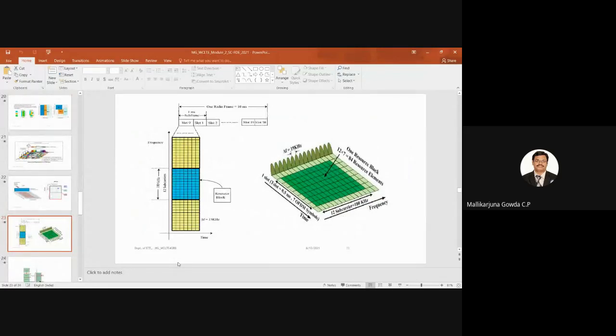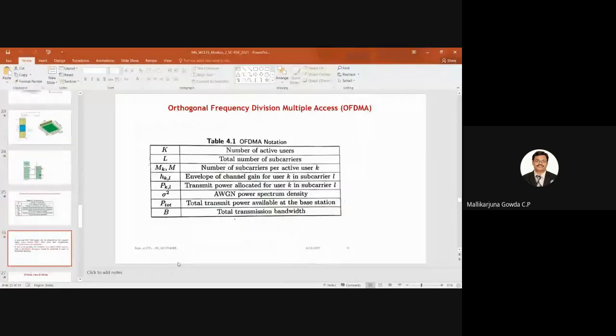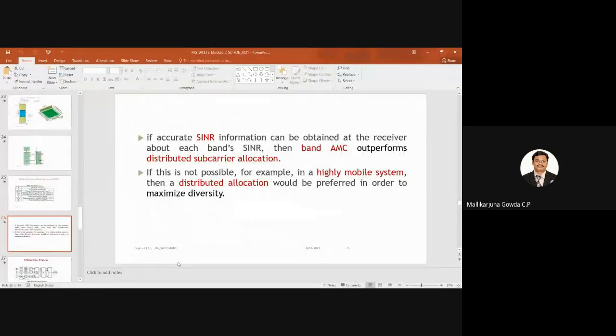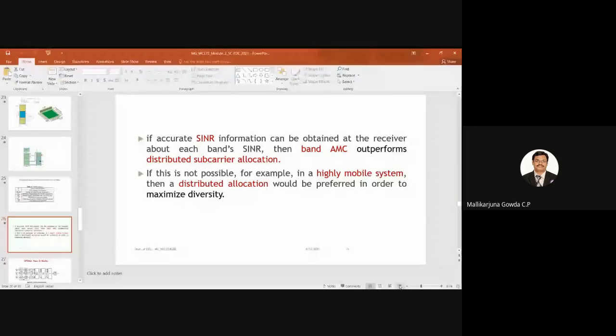This is the grid structure we talk about. In the case of band AMC, if accurate signal to interference noise ratio is obtained at the receiver for each band, then band AMC will outperform distributed subcarrier allocation, based on the value of SINR.